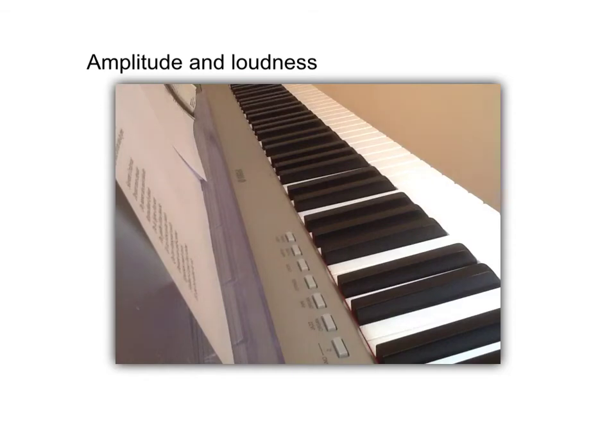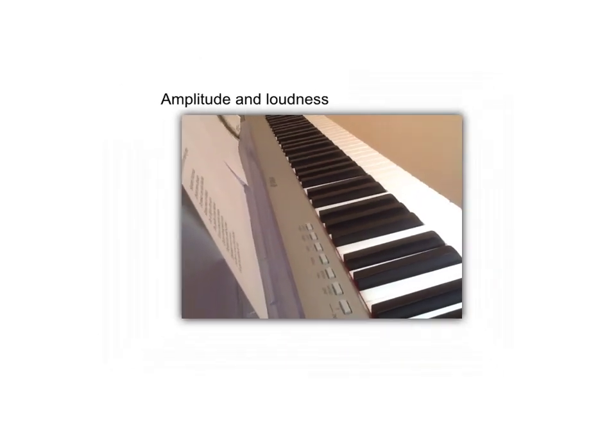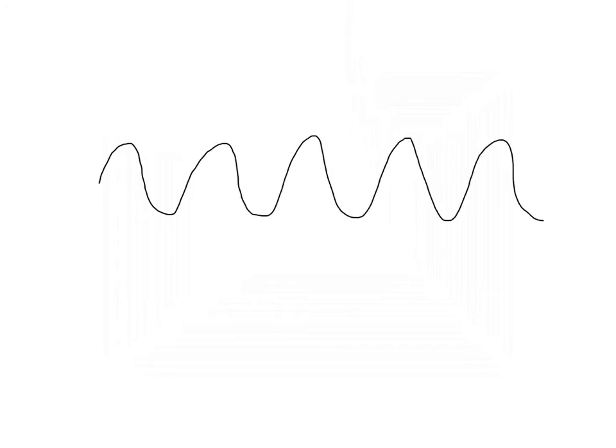So how about loudness? So this note here is the same pitch as this one, but of course there's a difference, right? So how would we draw this difference? Well, in this case, the frequency is the same, which means that if one wave looks like this, the other one will have crests and troughs just as frequently.